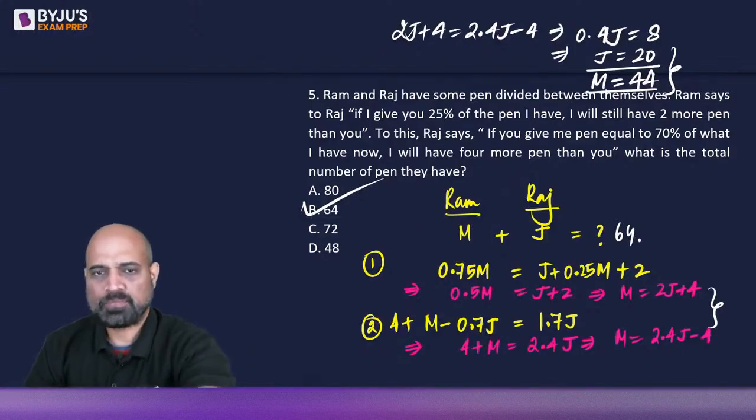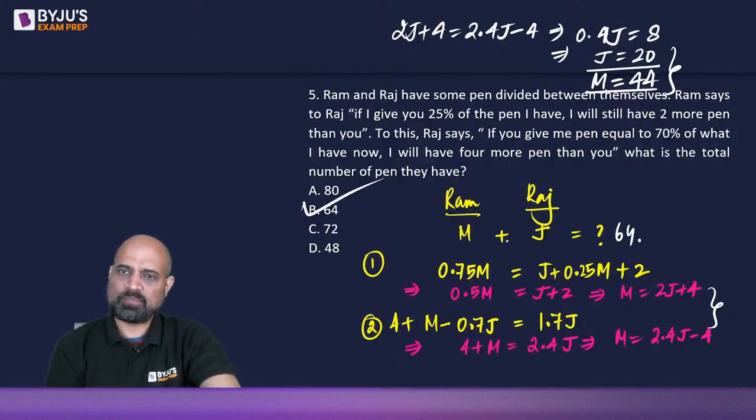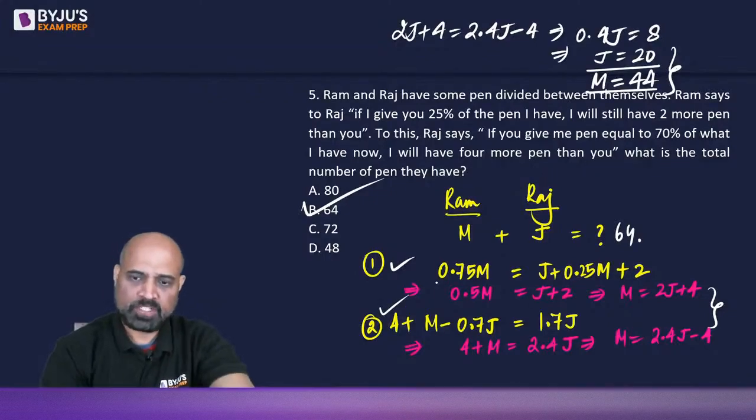I don't see any calculation mistake and everything checks out. If I put m is equal to 44 and j is equal to 20, both the equations will make sense. So it should be 64.